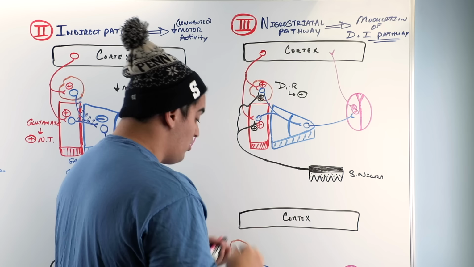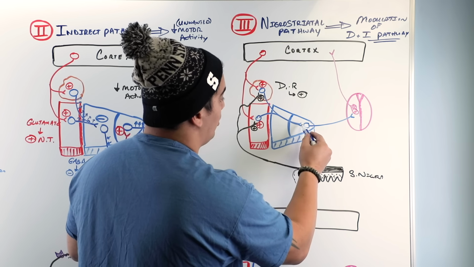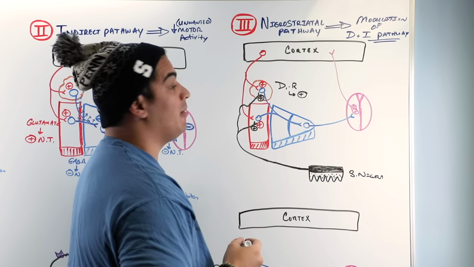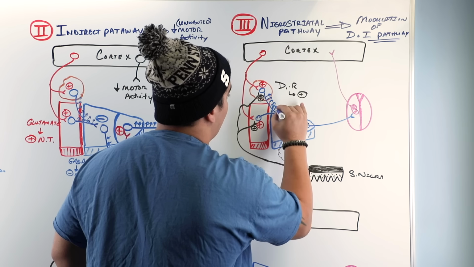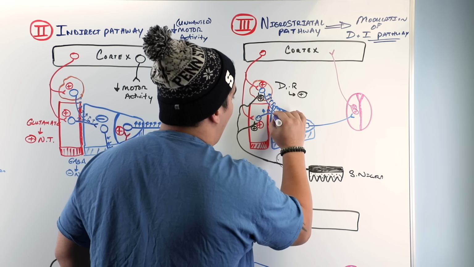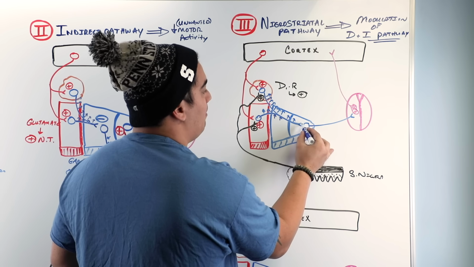Now, these neurons going from the striatum to the globus pallidus internus are going to fire like crazy. And they're going to send tons and tons of action potentials really powerfully to the globus pallidus internus. What does that mean?